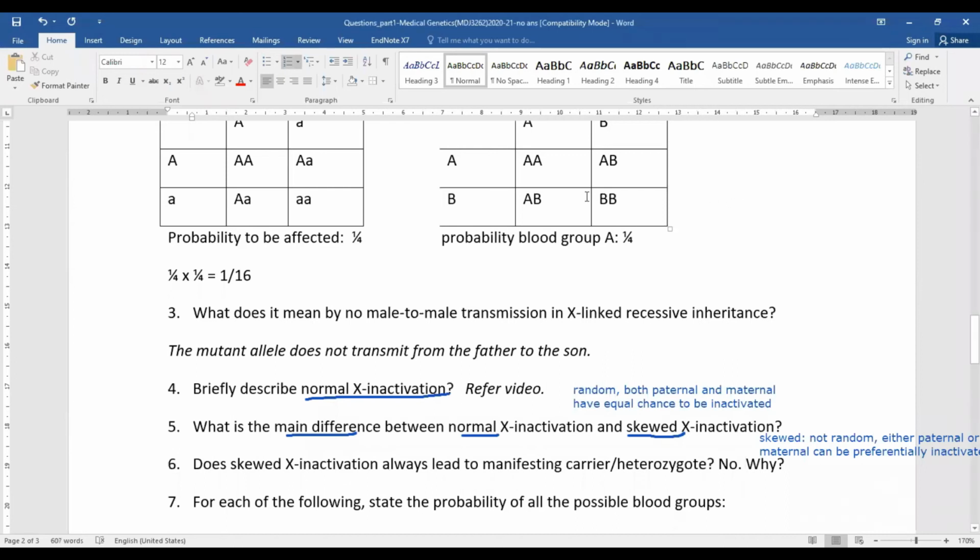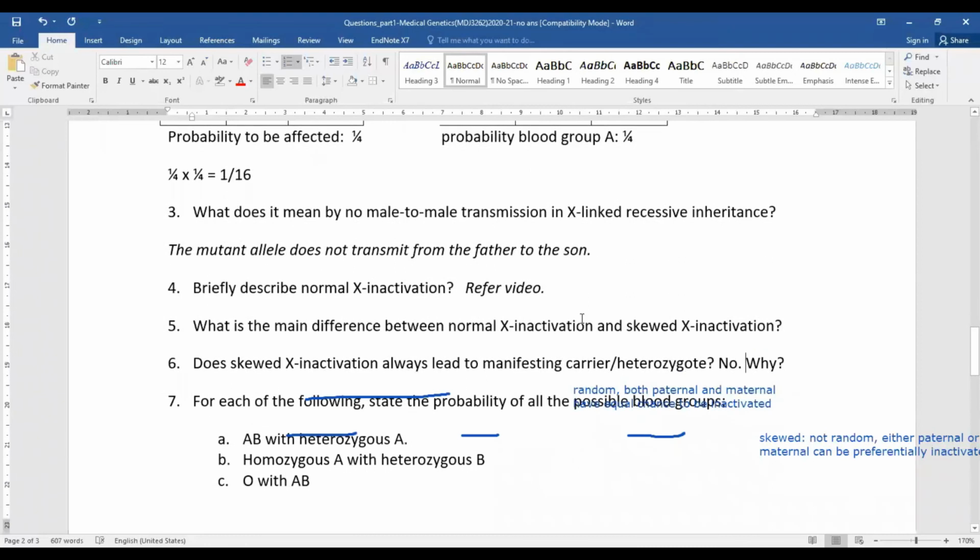This one we already discussed earlier, because it depends on whether the X chromosome that carries the mutant allele, or the X chromosome that carries the normal allele, is being preferentially inactivated. So you have to see which one gets preferentially inactivated. Only then will you know whether there will be a manifesting carrier or not. All right? Okay, last question.